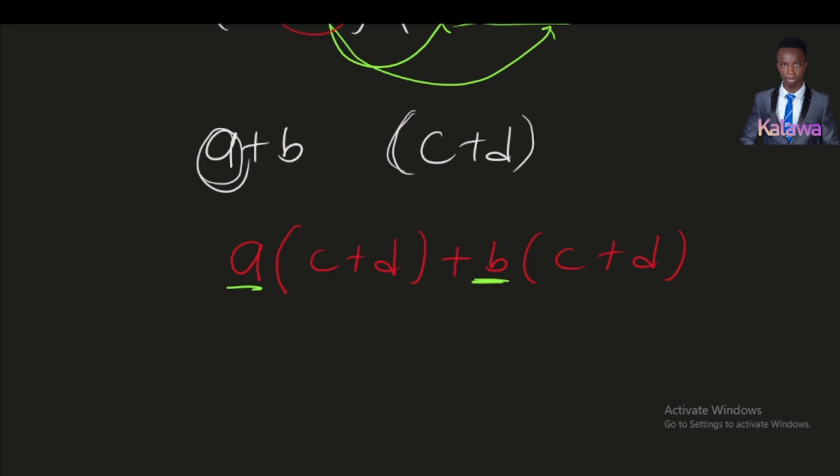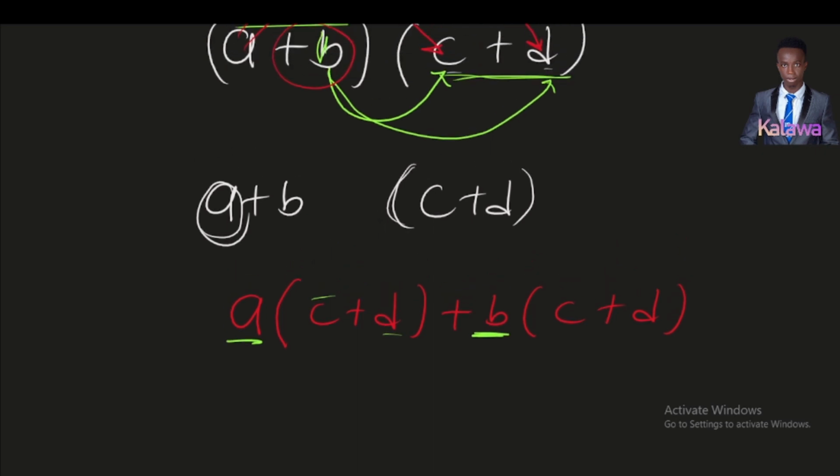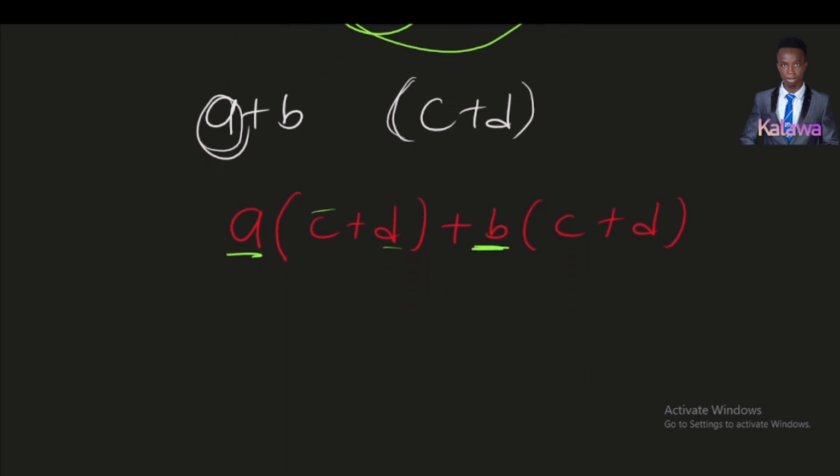So we have to multiply the first term into the other binomial, which is c plus d. And again, we are not yet finished with the first term. What remains now is plus b. The same plus b again, we multiply it by the same other binomial, which is c plus d. I hope I'm making it simple for you to understand.